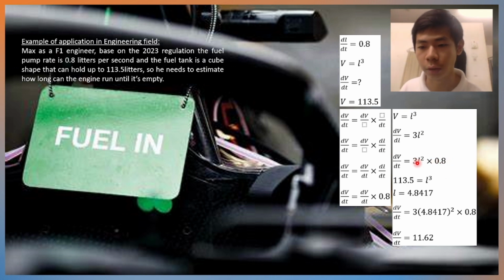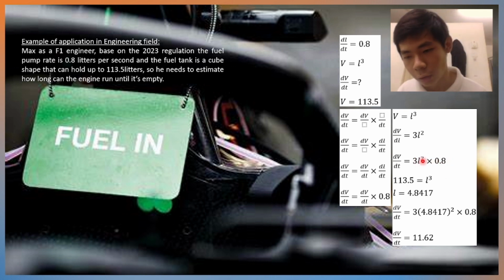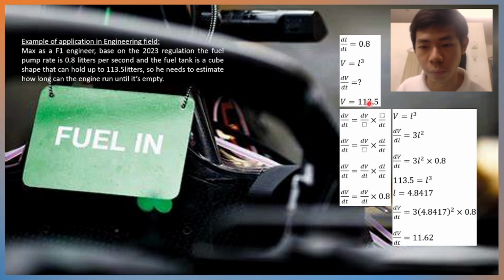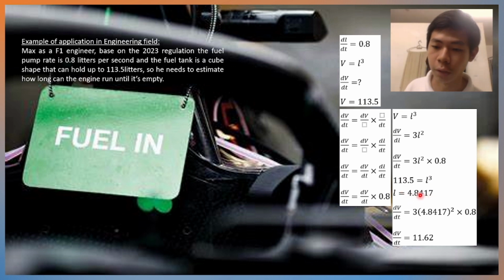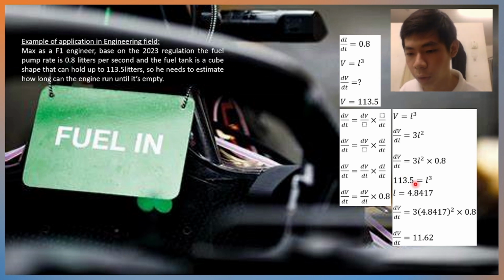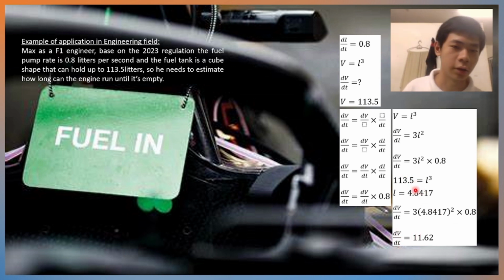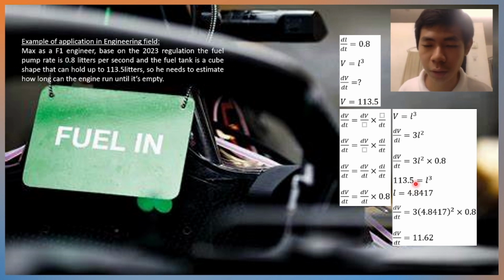Now the last thing we need to find is the value for L. As you can see here, we know that V equals 113.5 equals L cubed, right? So we just cube root 113.5, then we get 4.8417. After we get this value, we can put it into the equation to find dV per dt. Thank you. That's all from me.